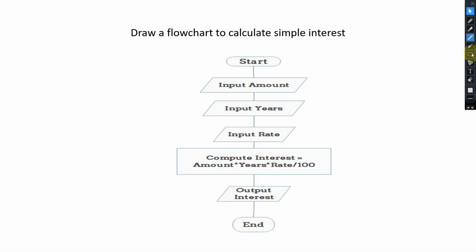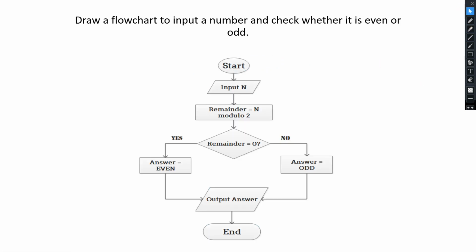Now we would like to move to the next question, which is to check whether a given number is even or odd. Here, apart from the input, output and process boxes, there is another box, which is the decision box.